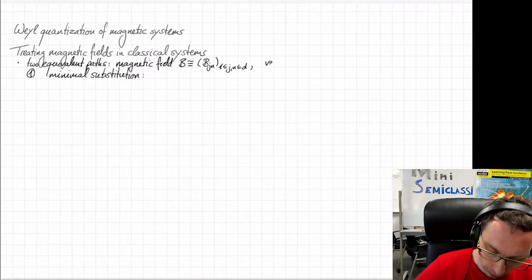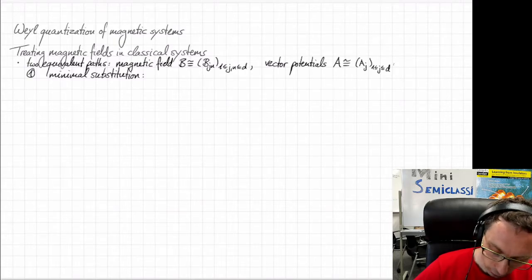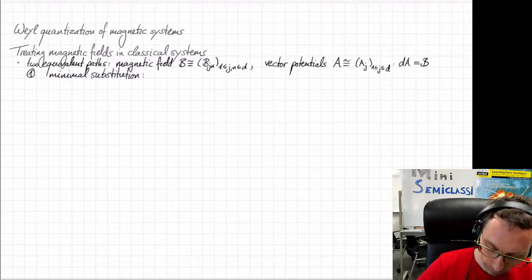So vector potentials are highly non-unique. So here a vector potential is a one form, which I will just tacitly identify with a vector field. And the two are related by, in terms of differential forms, the exterior derivative of the vector potential has to be the magnetic field.